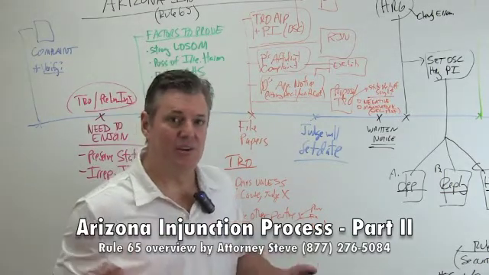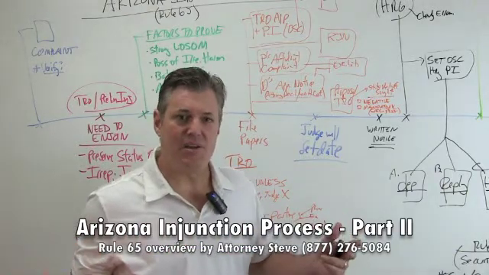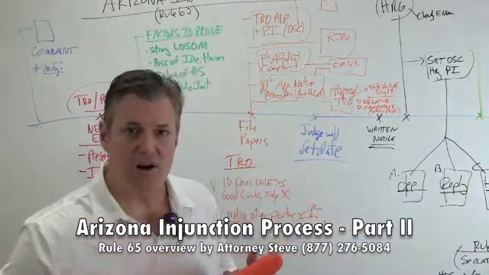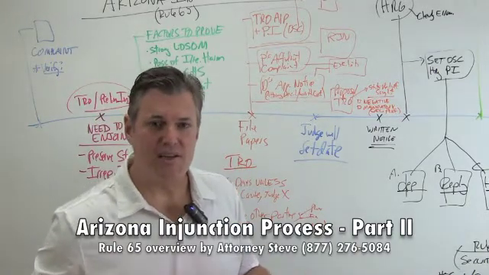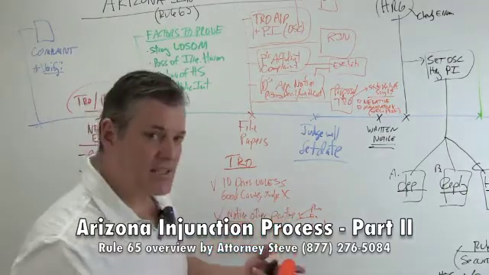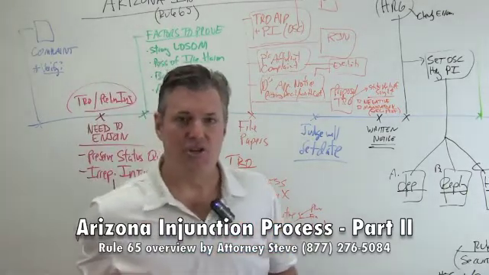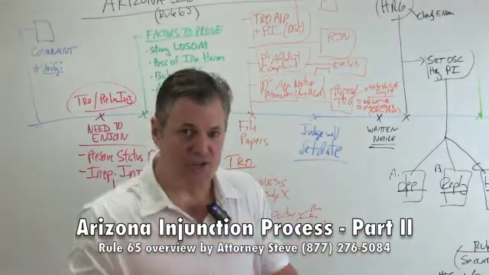If you remember the last video, we talked about an injunction basically being a two-step process. One is getting the TRO, which stands for temporary restraining order. That's good for 10 days unless a judge extends it further. And the second step is getting the preliminary injunction. That's where you basically enjoin whatever action you're trying to enjoin.